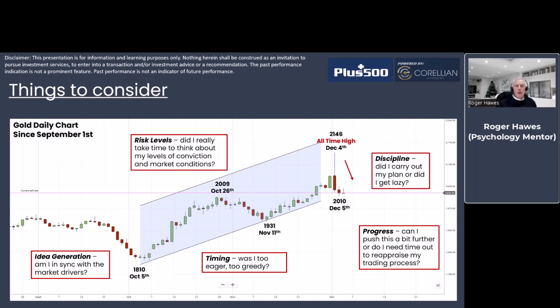But for me to get better as a trader, I need to tighten up on these two areas because I feel I'm a bit lacking in discipline, or maybe I get a bit too eager with my trading. Maybe I need to be a bit more patient before I get in. Once we start asking ourselves those questions, we should be giving ourselves those answers, and that in an iterative way should help us improve our trading process.